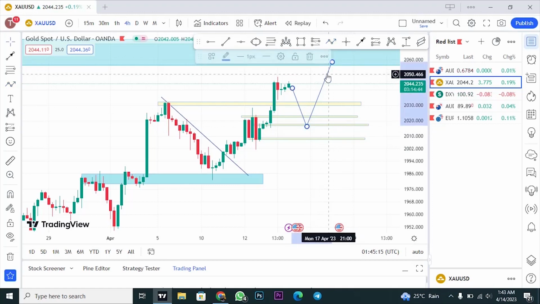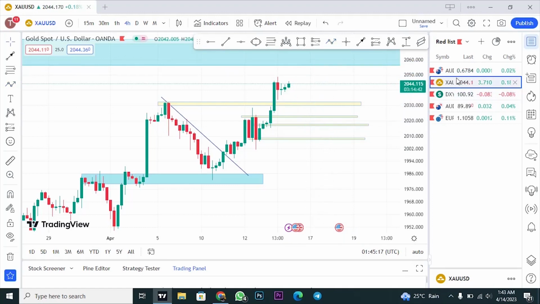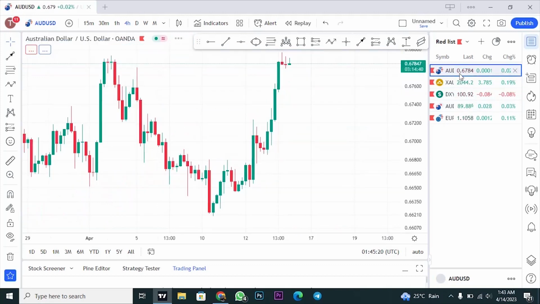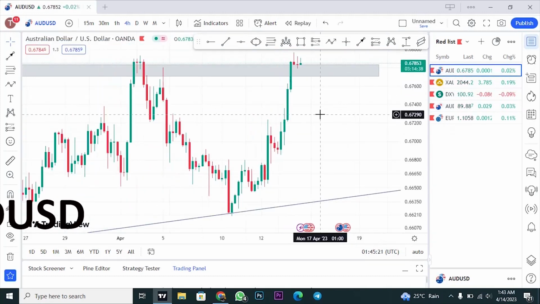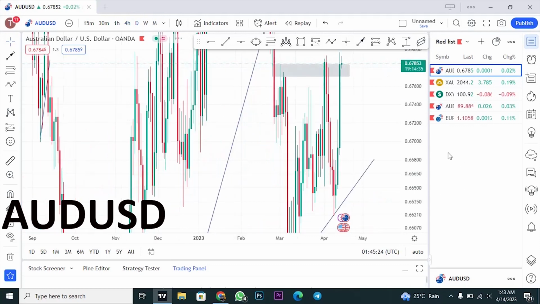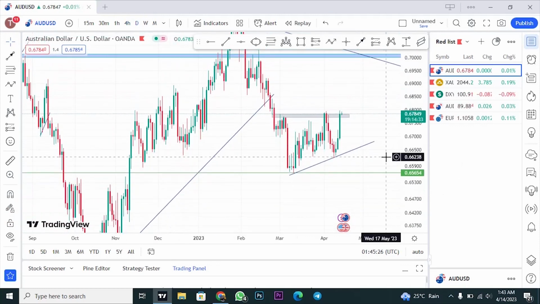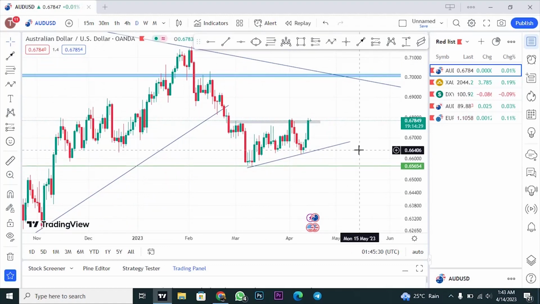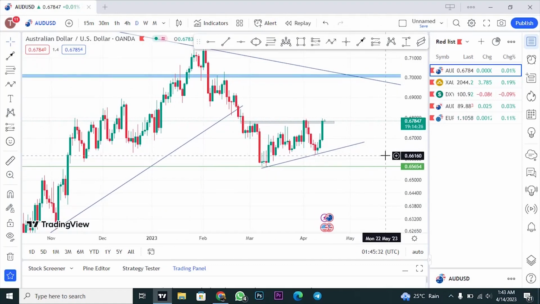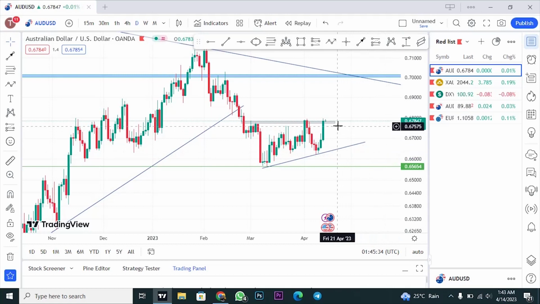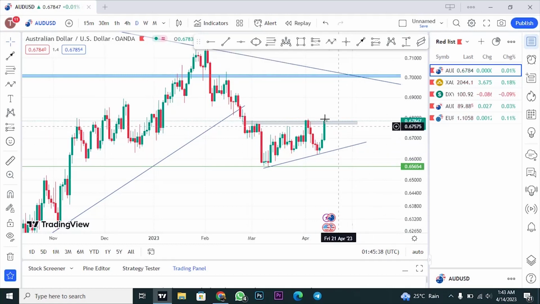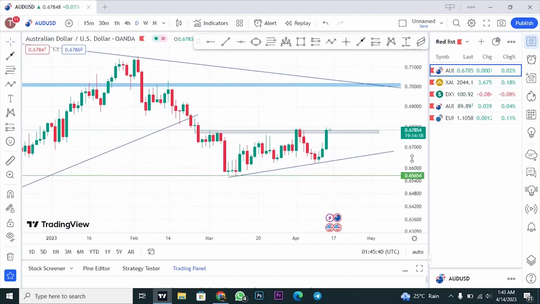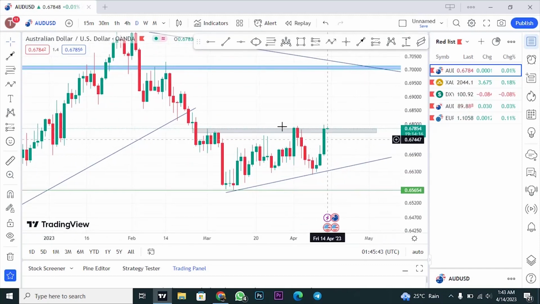So let's continue. Let's move to AU2. Let's start off from the daily time frame. On AU also, I had a pretty nice setup, but the thing is with AU, now we are at a support, a resistance right at this level.